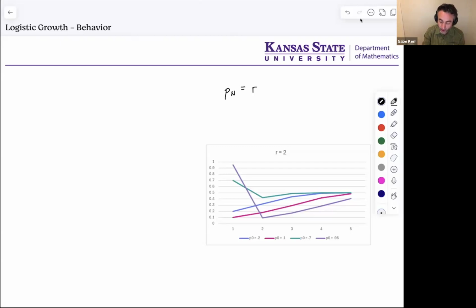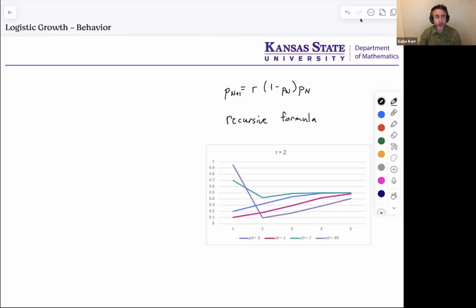You have this R, which is your growth rate, and then you multiply by 1 minus Pn, and then multiply that by Pn. So this is the recursive formula for a logistic growth model.